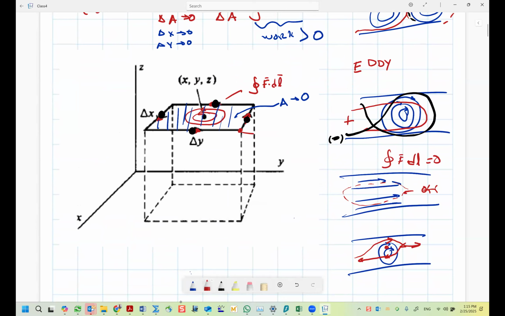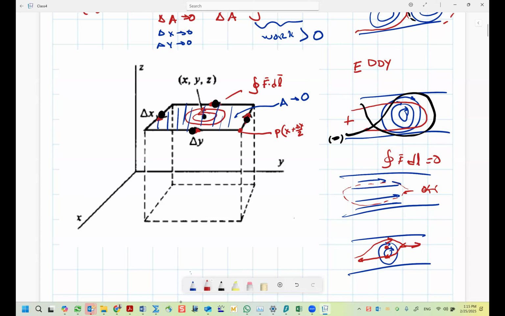Let's say the coordinate of this point will be, let's call it P of x plus delta x by 2. So it's moved from the YZ plane, moved delta x by 2, being delta x, of course, the thickness of this rectangle or the height of the rectangle, the side of the rectangle.